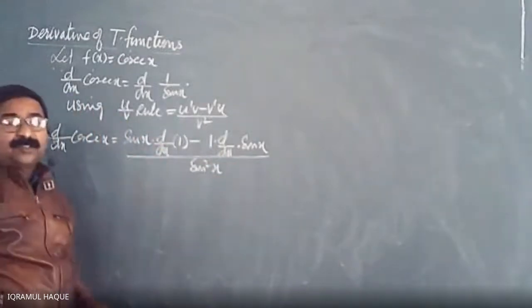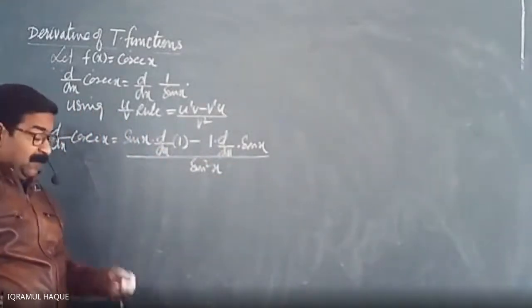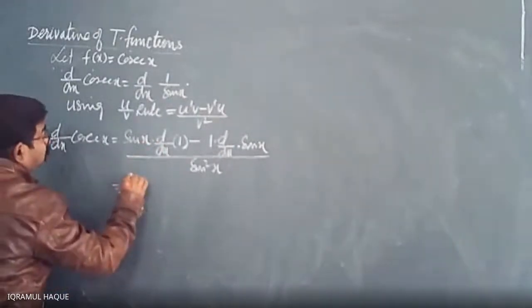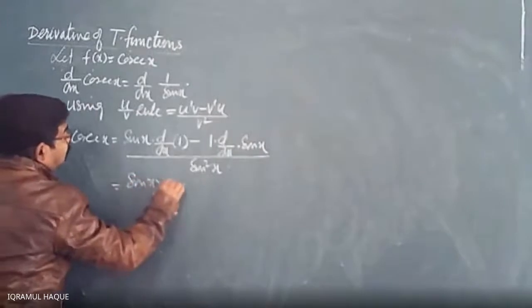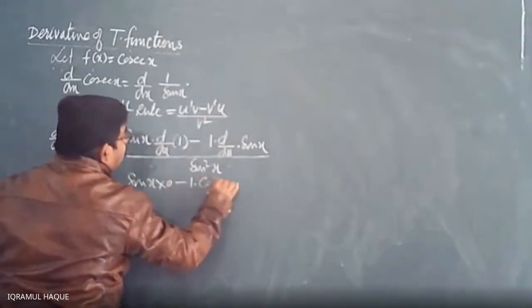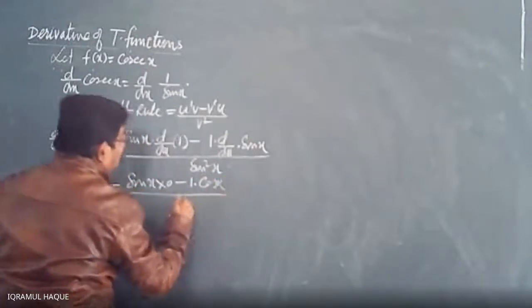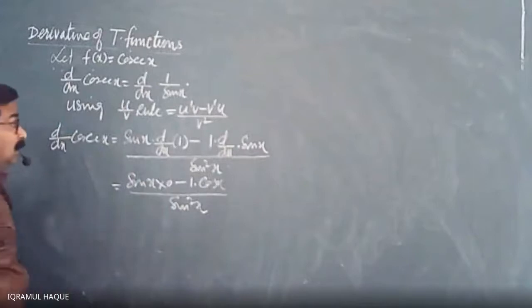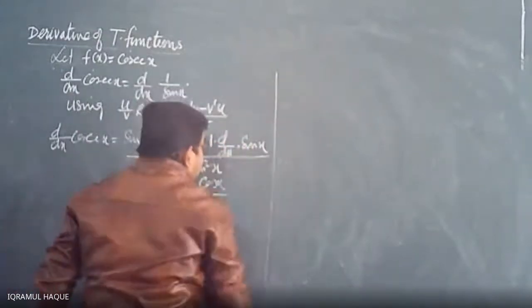Derivative of any constant is 0. So we have sin x into 0 minus 1 into cos x upon sin square x.